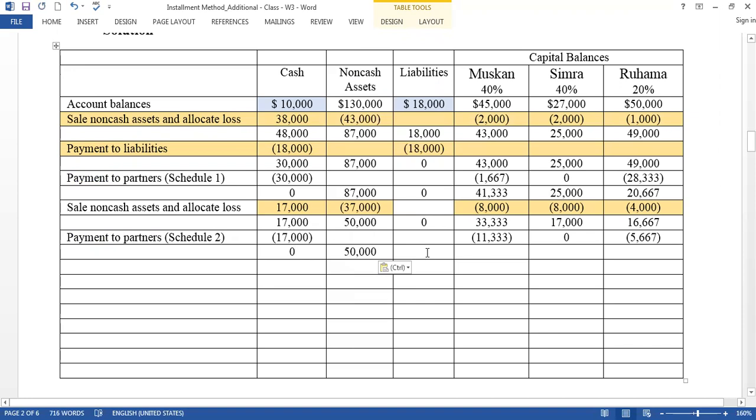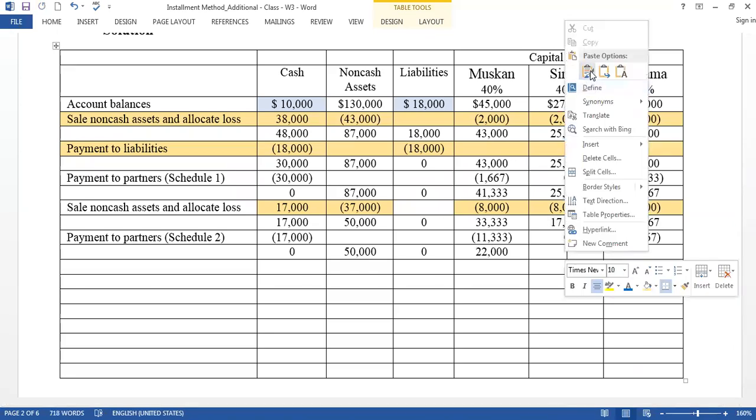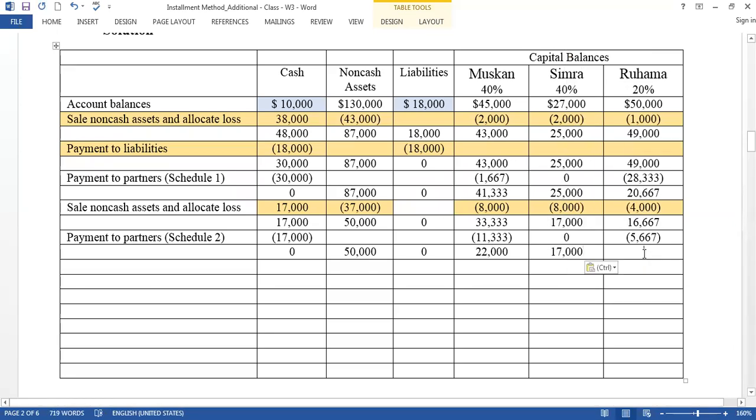Then we don't have any liabilities. Then what is the remaining balance for Muskan? It is $22,000. Then Shimra's balance is $17,000, and Ruhama's balance is $11,000.